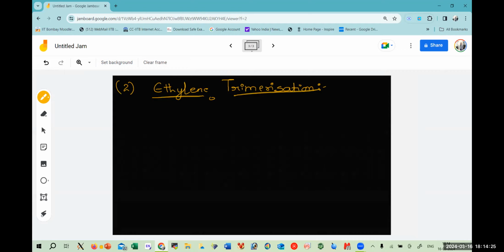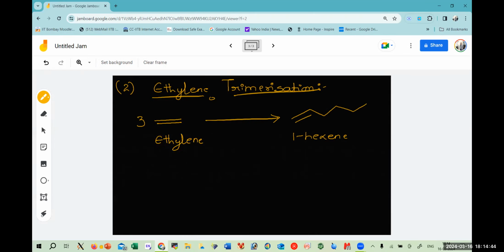Which means that this is your ethylene molecule, CH2 double bond CH2, and you're taking 3 molecules of it, and it is getting trimerized to give you 1-hexene. So it is stopping here. It is not going into a long chain. That's why in ethylene trimerization, we can stop the reaction at this place.